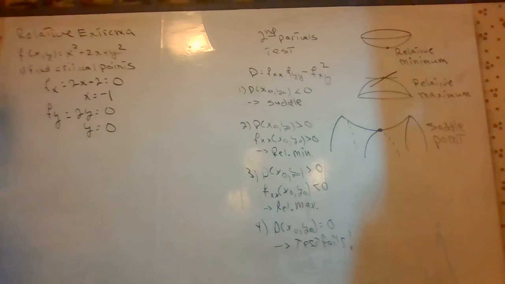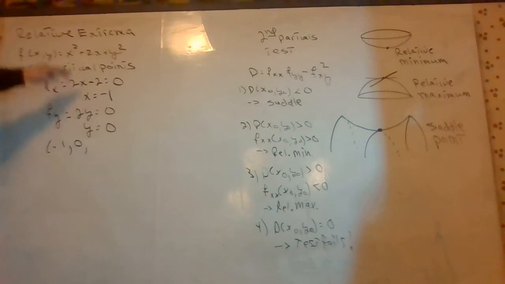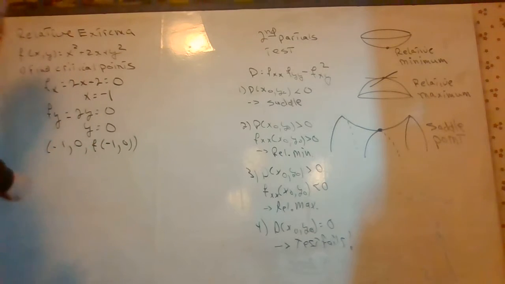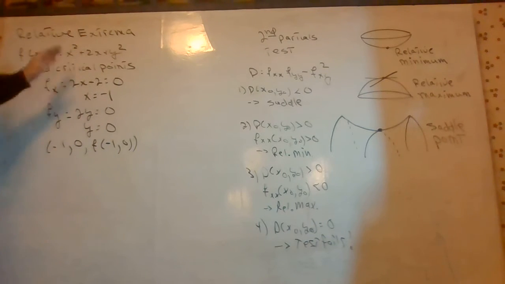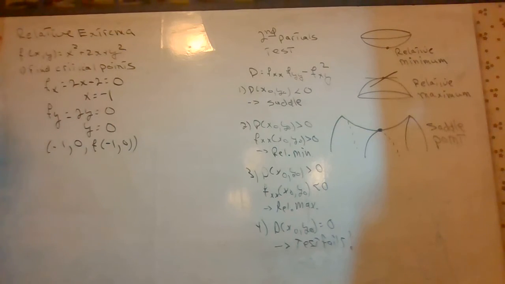So we have one critical point, negative 1, 0. Now you can substitute in here. I'll just say f of negative 1, 0, whatever it is. It's not that difficult, but if you're working a problem out in its complicated expression, feel free to just write that. We can always do the simple computation.